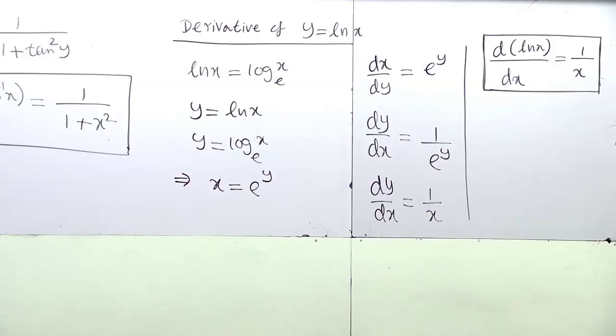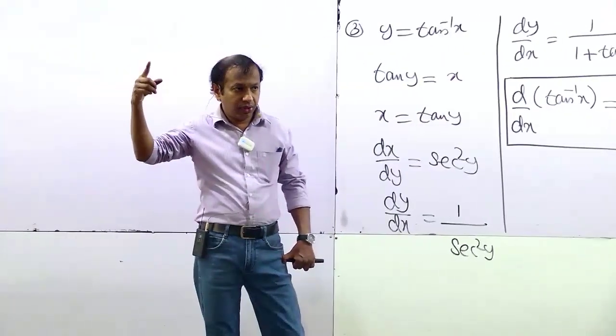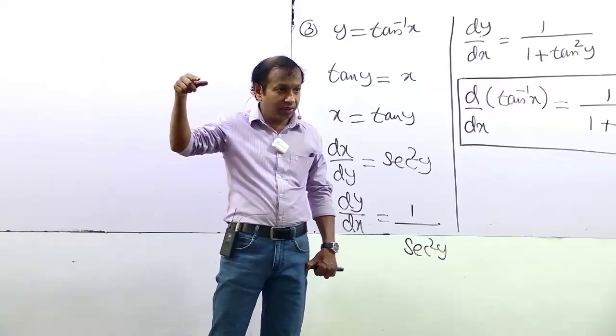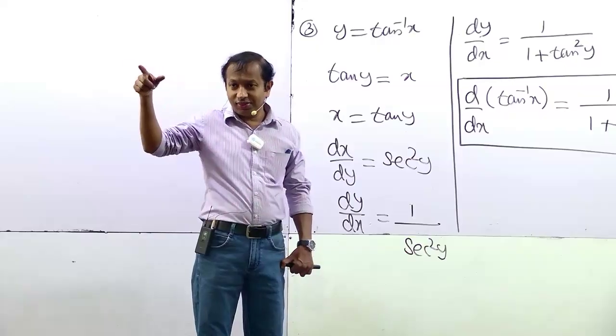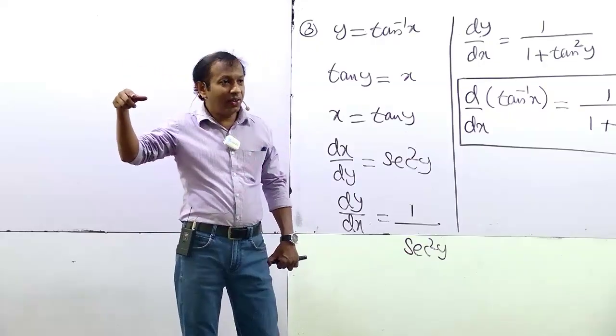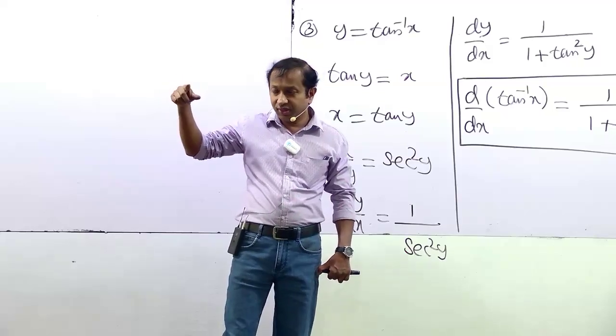Derivative of sin x, cos x. Derivative of cos x, minus sin x. Derivative of tan x, sec squared x. Derivative of sec x, sec x tan x. Derivative of cot x, minus cosec squared x.